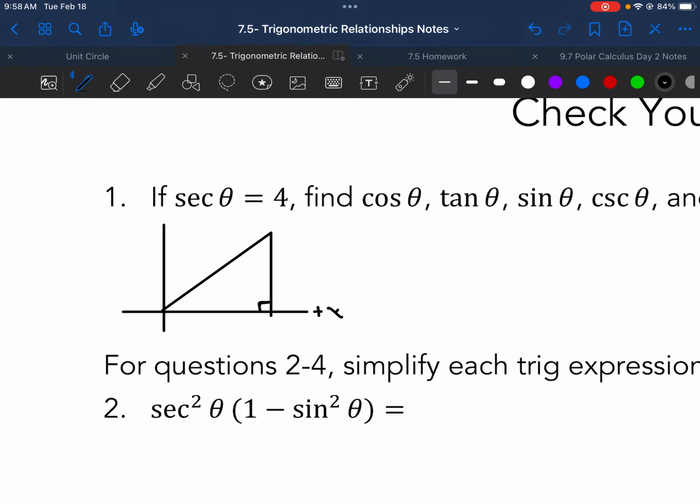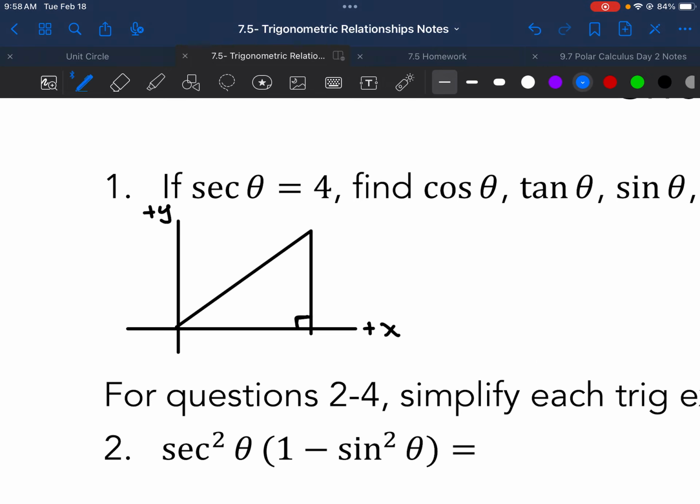Okay, here's the positive side of the x-axis, the positive side of the y-axis, and our angle theta is right here. So since angle theta is right here, that means this is the opposite side of theta, this is the adjacent leg, and we know the hypotenuse is always across from the 90-degree angle. Okay?